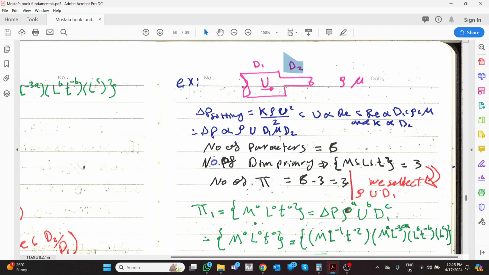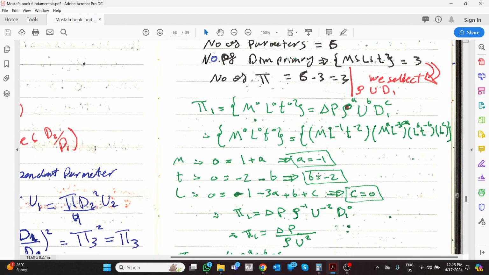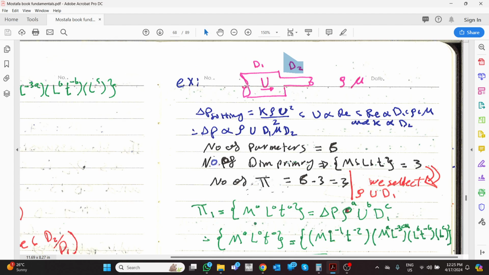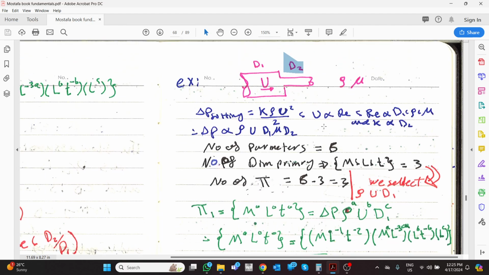So at the start of the solution, I still didn't calculate the pi's. Even if you didn't calculate the pi's, even if you write here the parameters, which are delta v, rho, u1, d1, and etc., mu, and d2, and you write u2, you need to ask yourself for each parameter: is this rho equal to another rho?